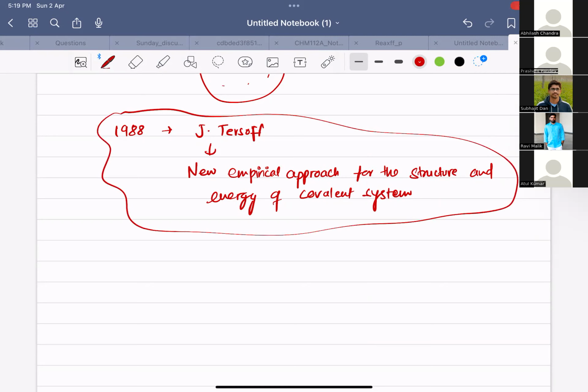As far as I know, this was the first paper I've encountered in which they included the bond formation term into the potential term or parameter.